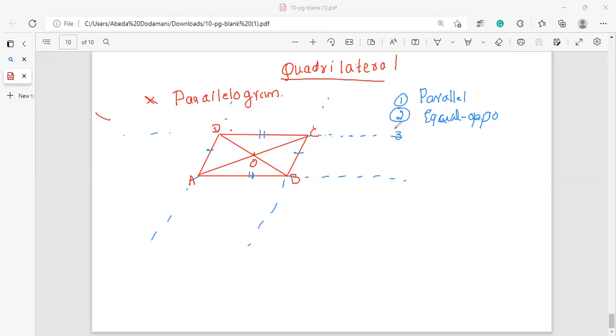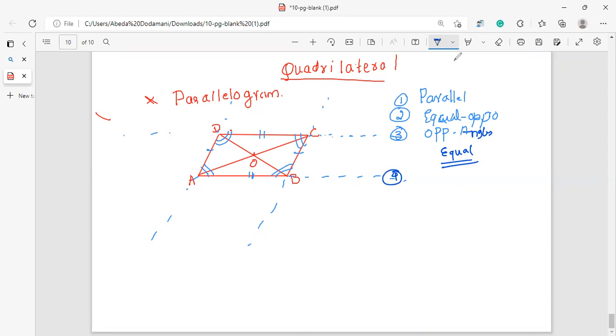Opposite sides are parallel as well as equal, and also the opposite angles are equal. Here you can observe that angle D is opposite to angle B, and similarly angle A is opposite to angle C. These opposite angles are equal.